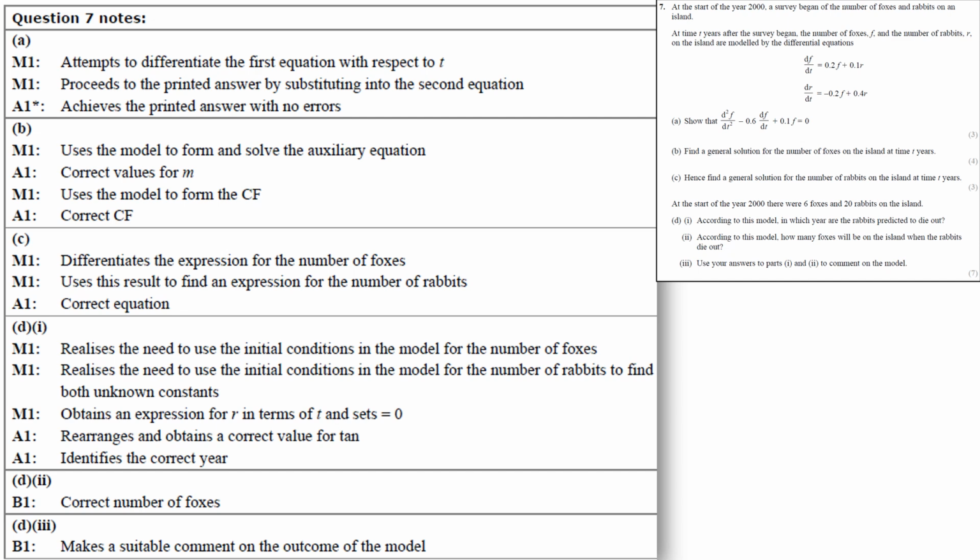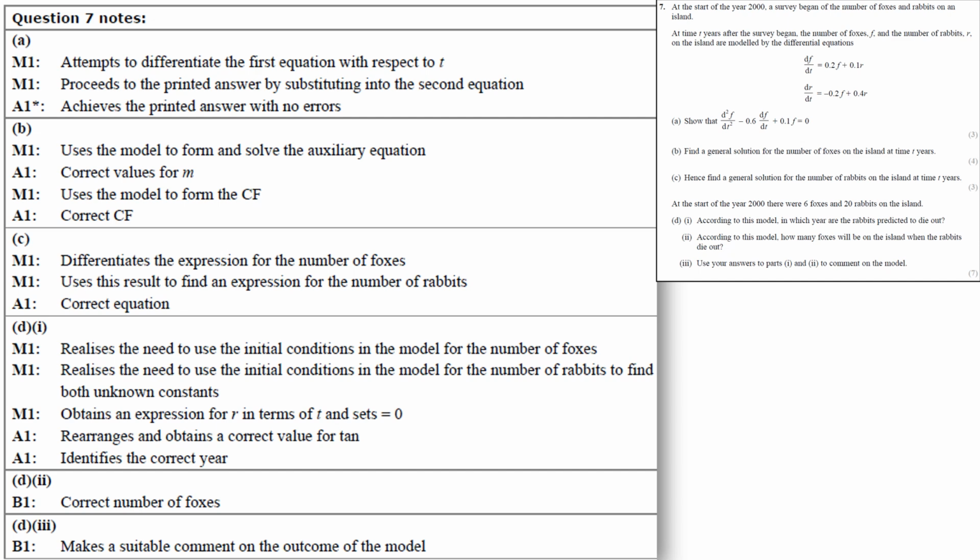The 4 marks for the general solution for the number of foxes is a mark for the auxiliary equation, a mark for correct values for the solutions to the auxiliary equation, and then it says uses the model to form the complementary function. In other words, we need to recognize that the values we've got for m, remember those complex numbers, can be converted into the appropriate format with exponentials and trigonometry. And if you get everything correct, you get the 4th mark.